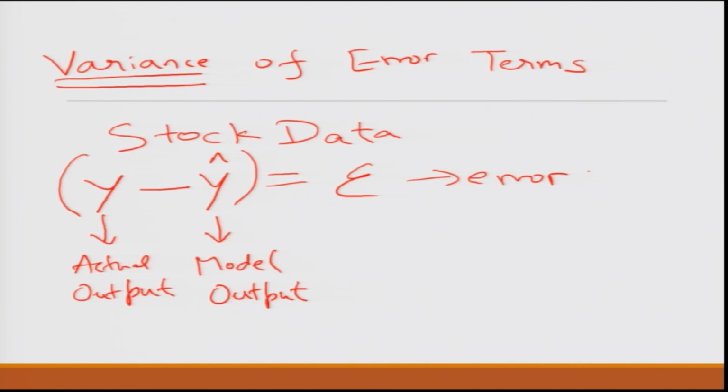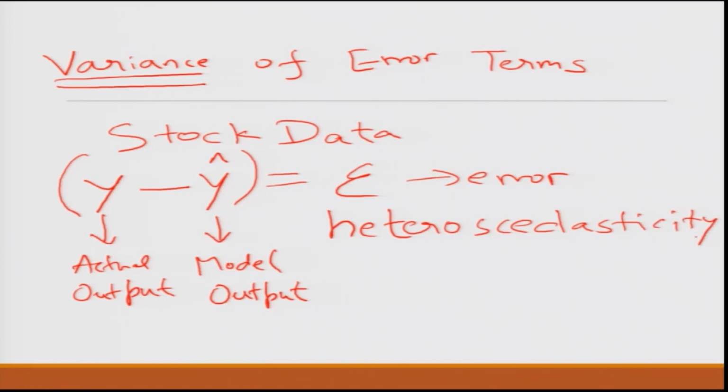Typically this error should remain constant, but what often happens is that the error is actually not constant. This is something called, it's a tongue twister, heteroscedasticity.